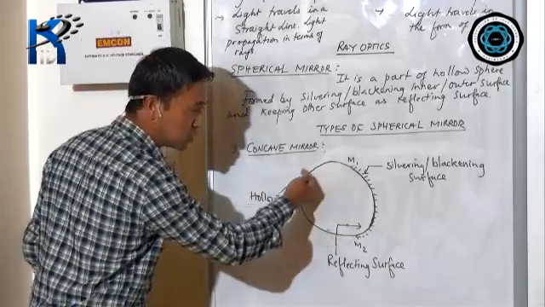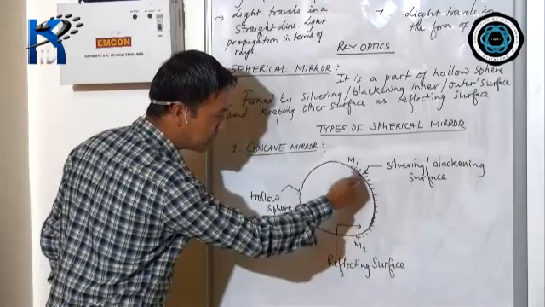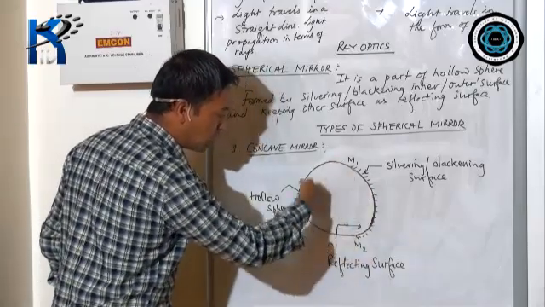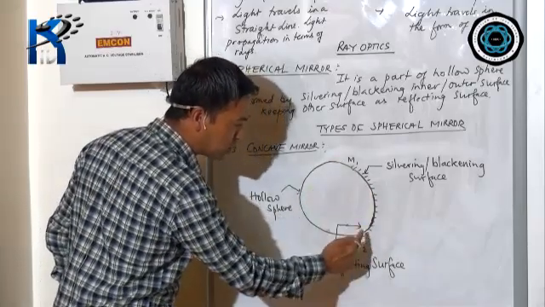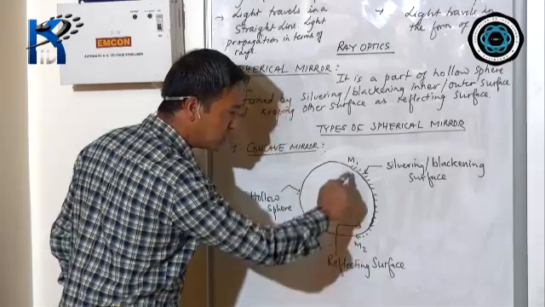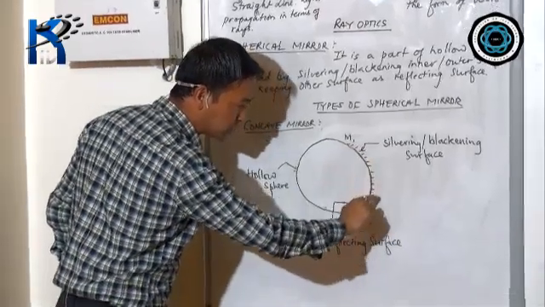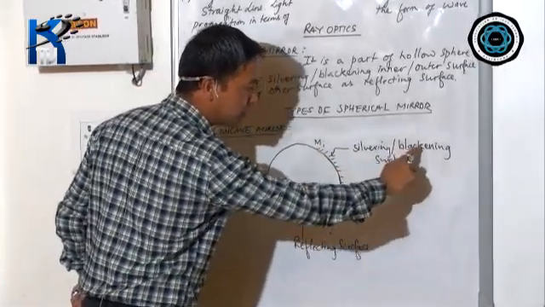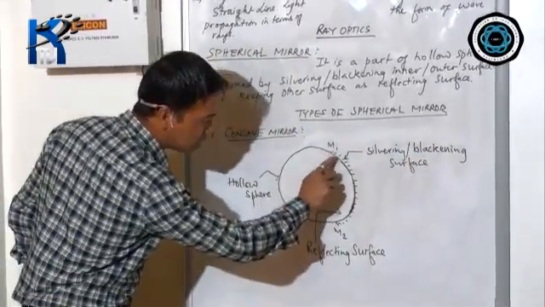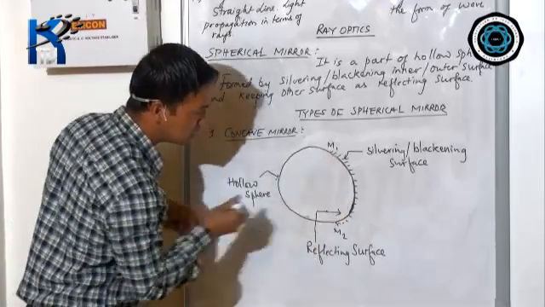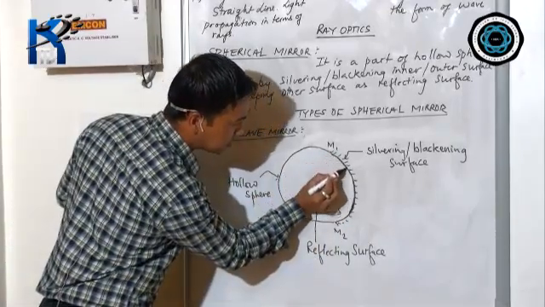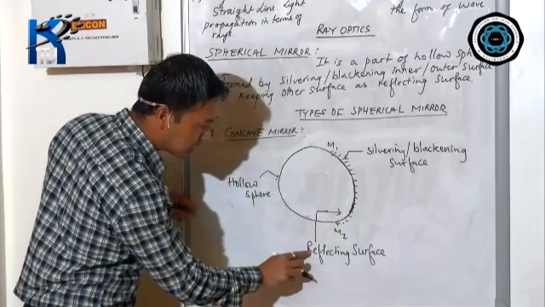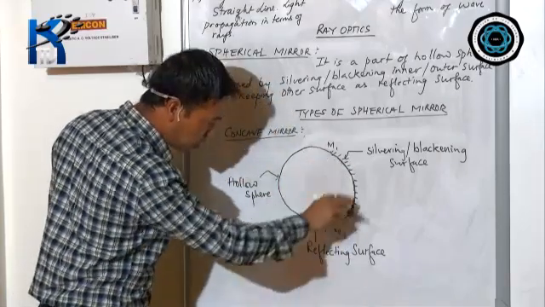So concave mirror, as I define it in this manner, let me take the sphere. You can see the diagram now. This is a hollow sphere. Over this hollow sphere, I'm taking that part of it in which I do silvering from the outer surface. You can see there is the outer surface, and this surface is called the silvering or blackening surface. And I keep the inner surface. You can see there's an inner surface. This inner surface is a reflecting surface, and this forms a what?